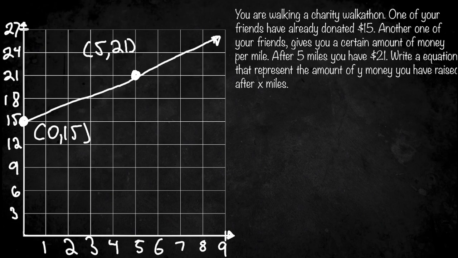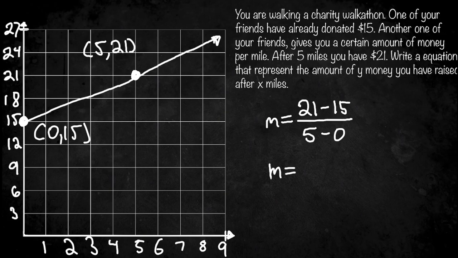Right. So now let's solve for the slope, and we don't need to solve for the y-intercept because that is given to us right here, (0, 15). So we have m equals, I'm going to do (5, 21) first. 21 minus 15 over 5 minus 0. That means that m equals 6 over 5.